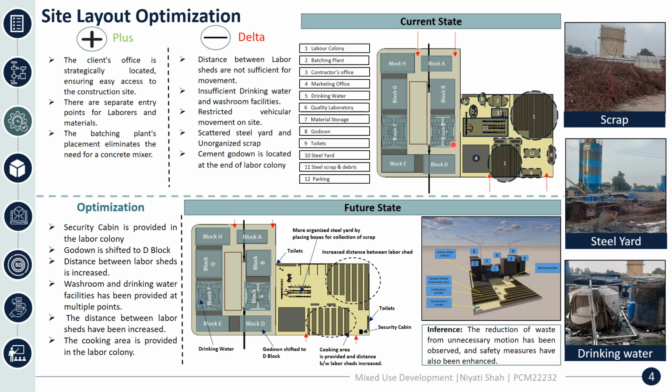Major pluses are that the client's office is located such that there is easy access to the construction site. There is a separate entry for laborers and material. These two entries are for material. From here, the entry is towards the marketing office.